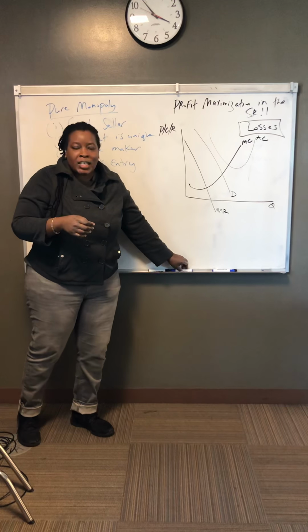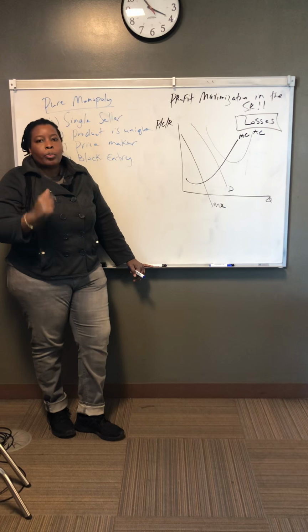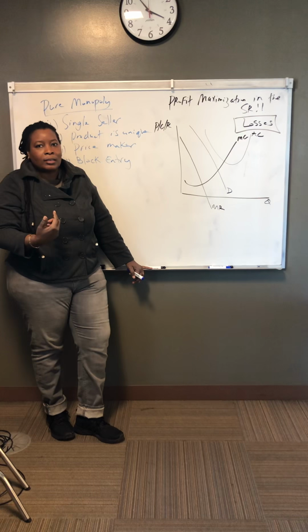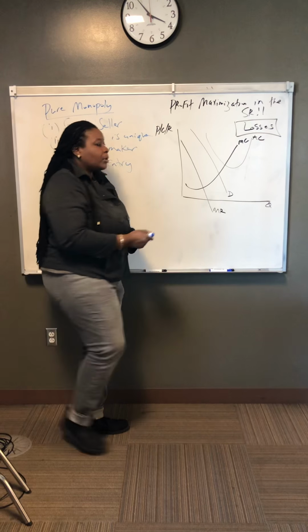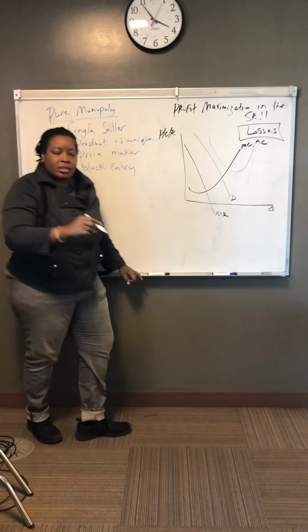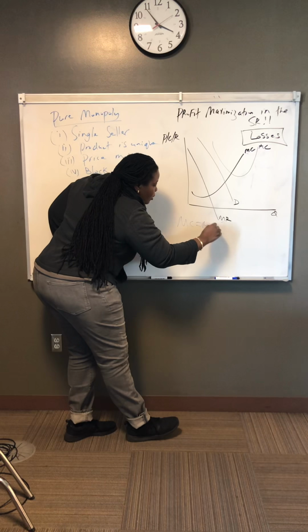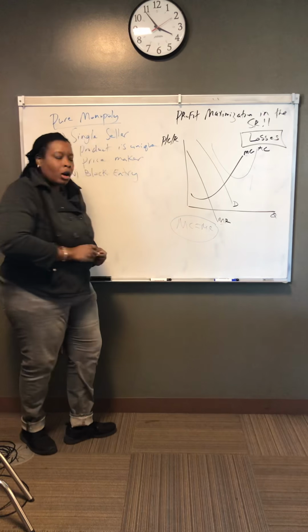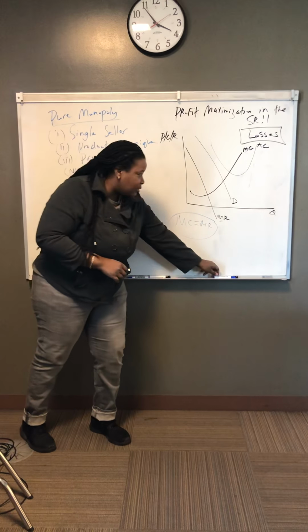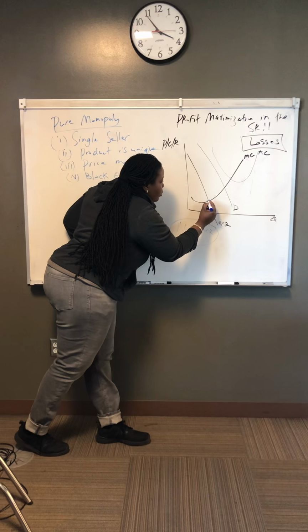Now we need to analyze. And the analysis begins with a fundamental question. Where are profits maximized? And profits are maximized where the two M's meet, MC and MR. This is the profit maximizing point. Always where you start your analysis. So find the point where MC is equal to MR, right here where I'm putting this blue dot.